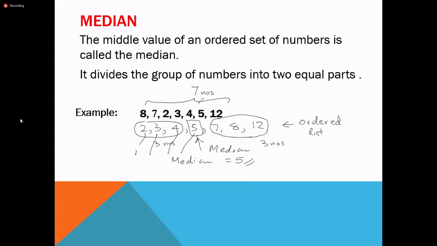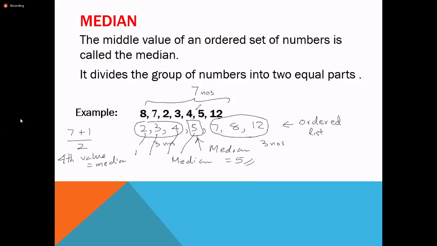Let's add 1 to that: 7 plus 1 and divide by 2. Then we have to find the 4th value. Then the 4th value is the median.